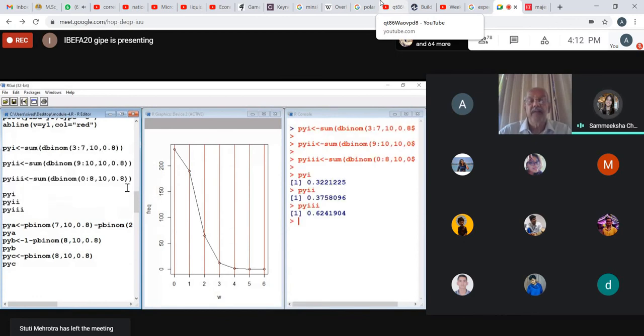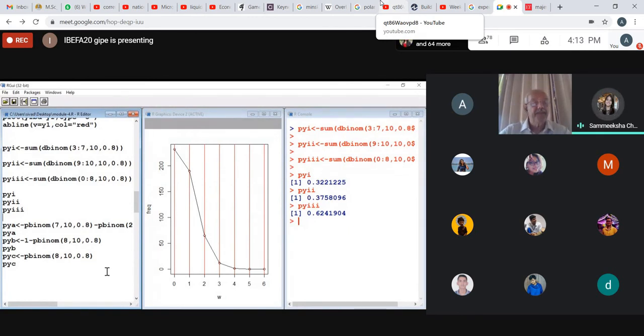So, sir, here when we are doing PYA, P binom, could you just explain this to me? In the first one, it says x greater than or equal to 3 and less than or equal to 7. So here we put P binom 7, 10, 0.8 minus P binom 2, 10, 0.8.